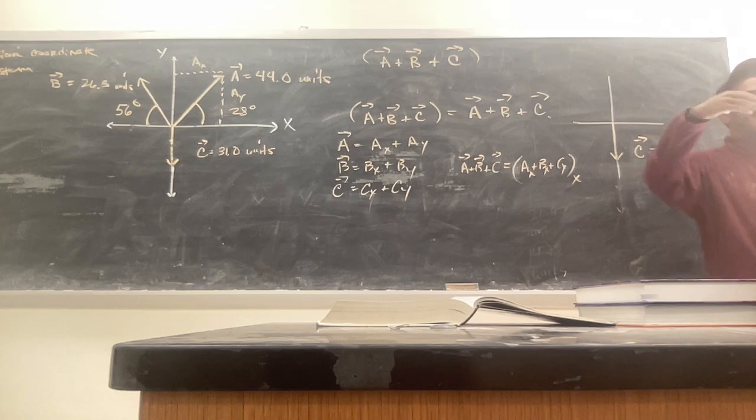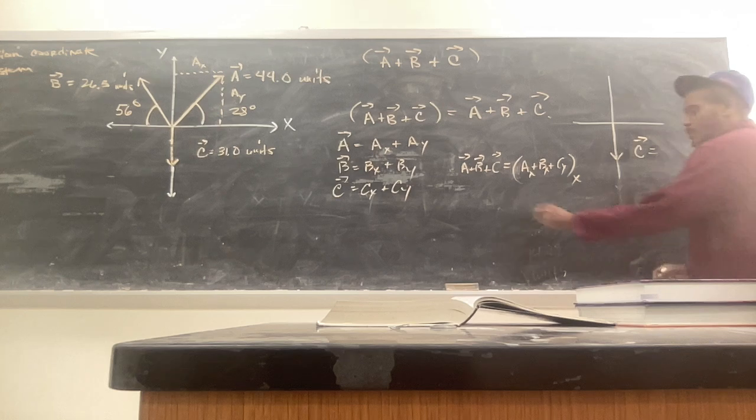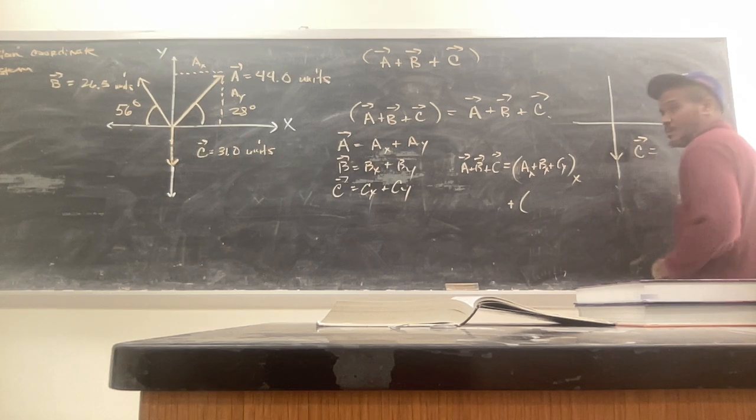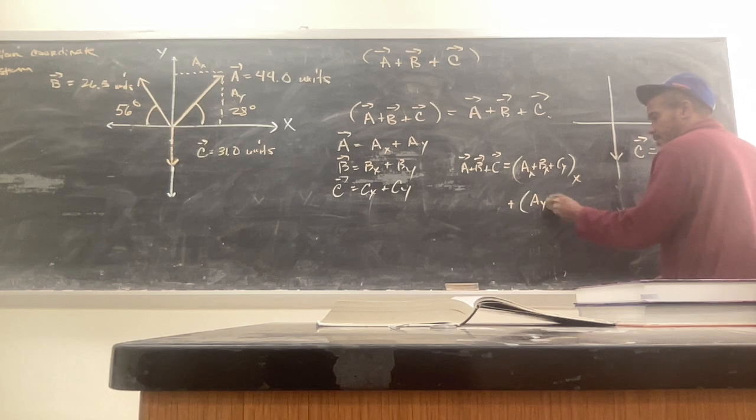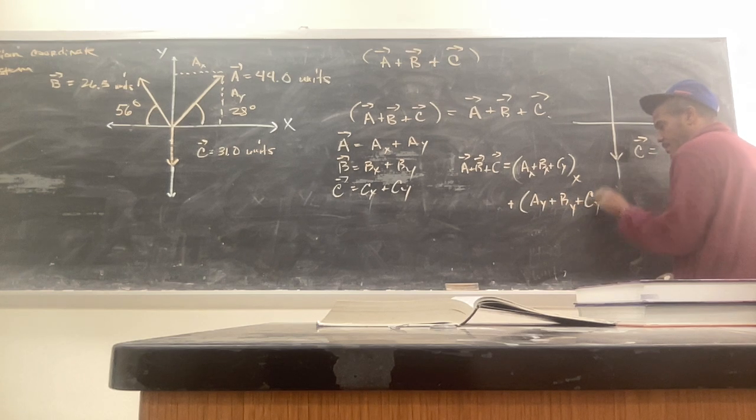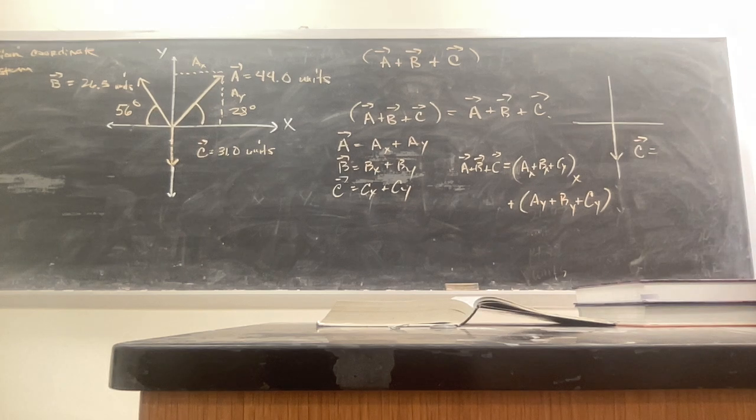So when I added up the individual x components for each vector, it gave me one new x component. I'm going to do the same thing with the y's. I'm going to add up each one, and that's going to give me my new y component for that new vector.